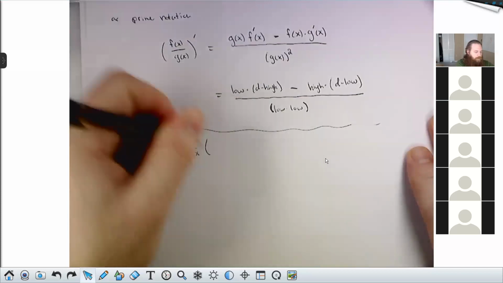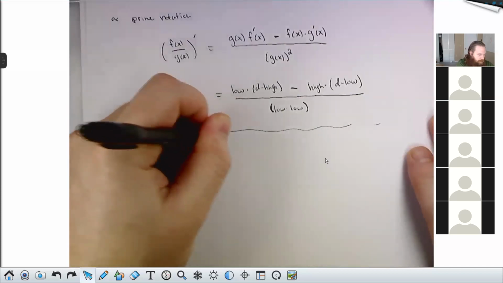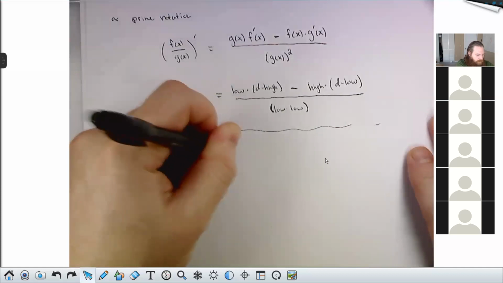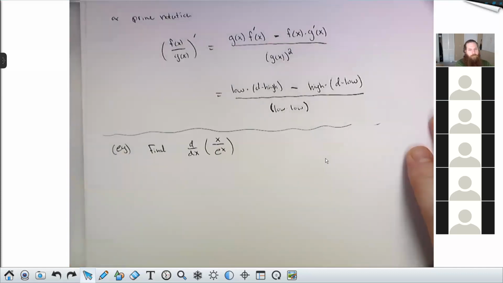So let's find the derivative d dx of x over e to the x. There's not much I can do here to simplify. There's no way e to the x and x have any common factors. There's no nice way to combine those guys.